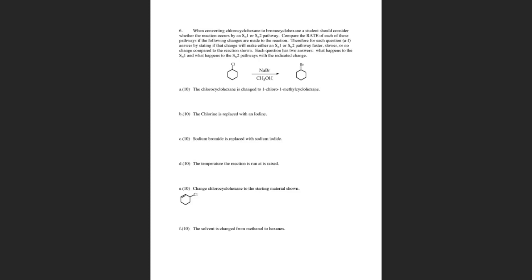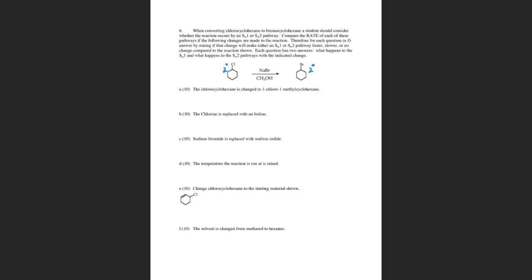Okay, so the gist of it is they're just asking us what's going to happen to the rate of SN1 and SN2 for each reaction, or with each change. So let's look at the molecule that we have right here. So we have a secondary carbon, and it's still a secondary carbon for this main molecule.